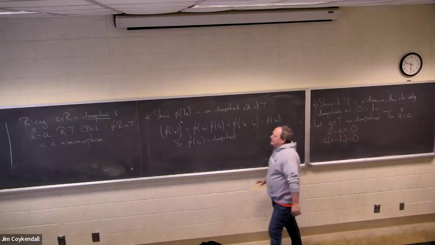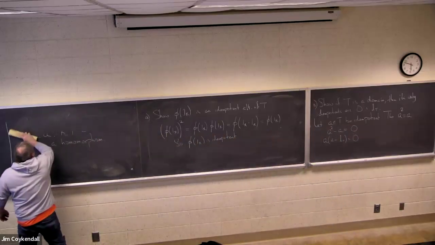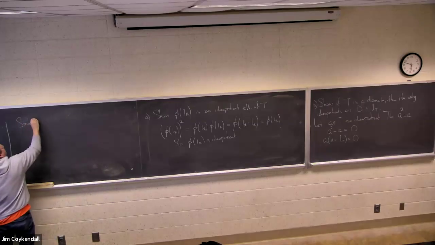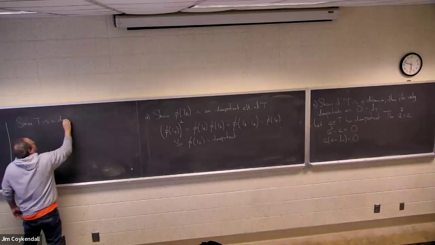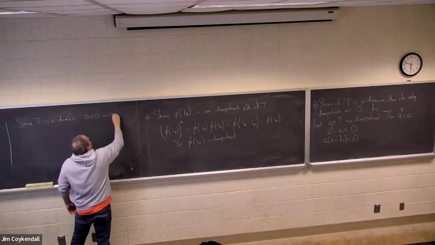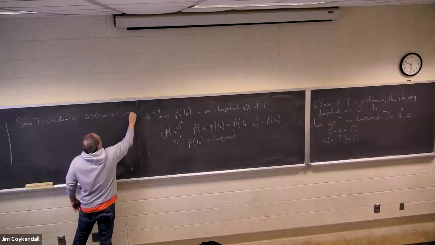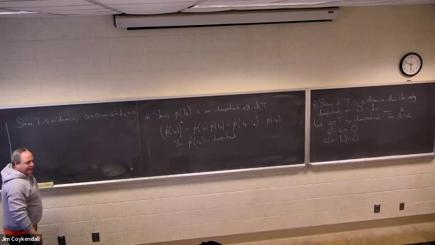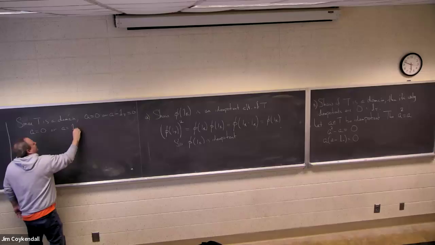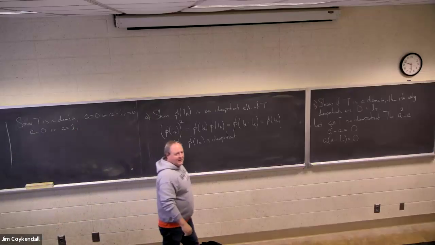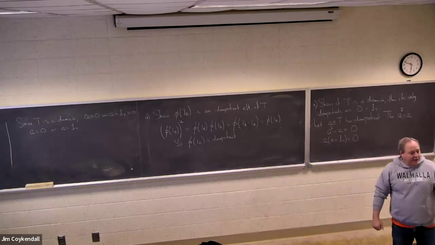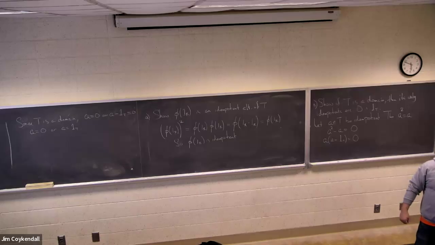So since we have a domain, A equals 0 or A minus 1 is 0. So A equals 0 or A equals 1. So any idempotent has to be 0 or 1. So if you ever want to have interesting idempotents, you need something that is not an integral domain.